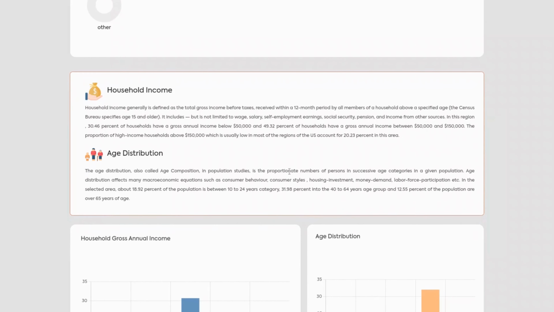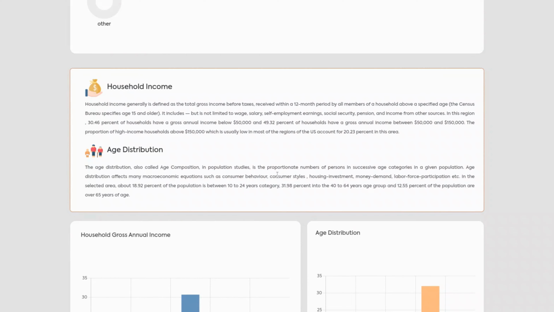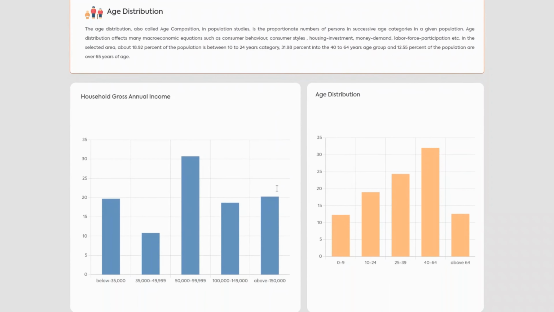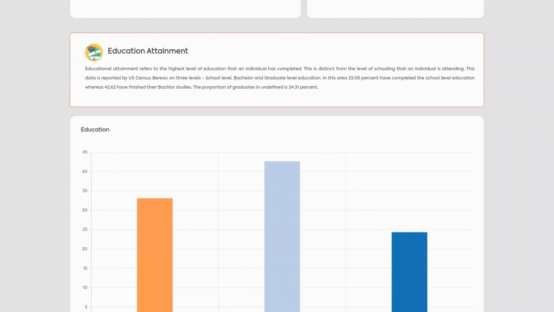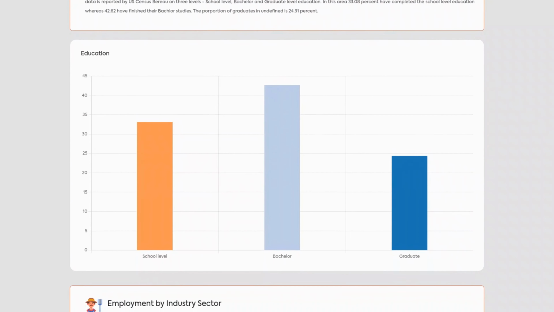Both of these are really important to know, and it's good to see a breakdown of these written and in graphs. Education level is also in this data. It breaks down the schooling level of the average person living in that zip code.